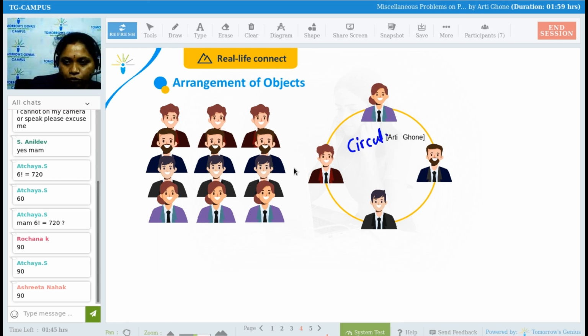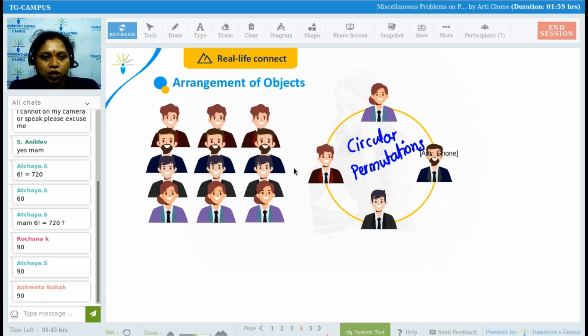Up to today, I have always been using the word linear permutation, which simply means a linear arrangement. The kind of object is a different thing, but the arrangement is linear. Today we are going to see in the miscellaneous pattern how the circular arrangements work.